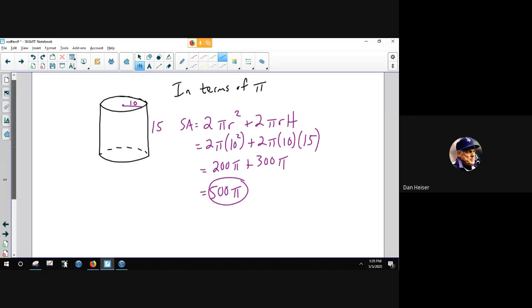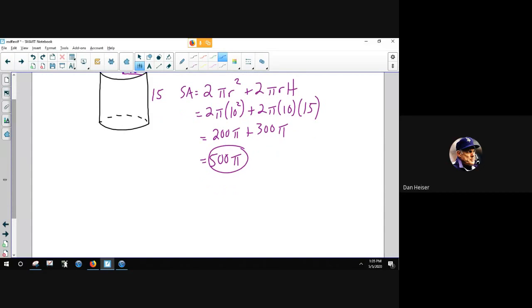And just to show you that other formula, that it also works, I'll do that over here. This formula said we can add R and H together.